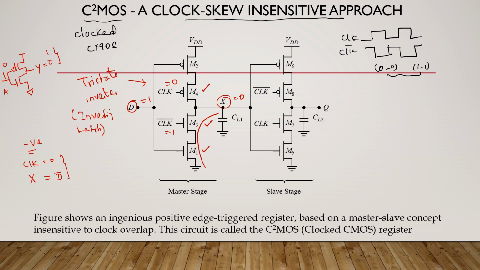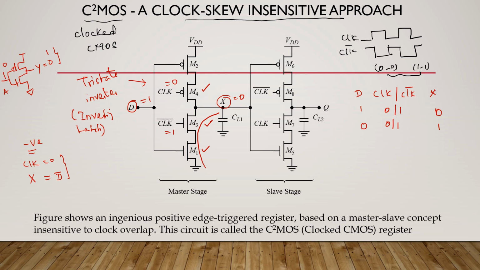So when clock is 0 and clock bar is 1, if my input is 1, my output is 0, because here you are giving 1, you are getting 0. Similarly, if you give input 0, with clock and clock bar at 0 and 1, you will get inversion here, so it is 1.